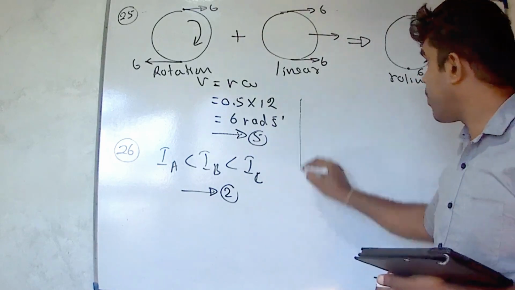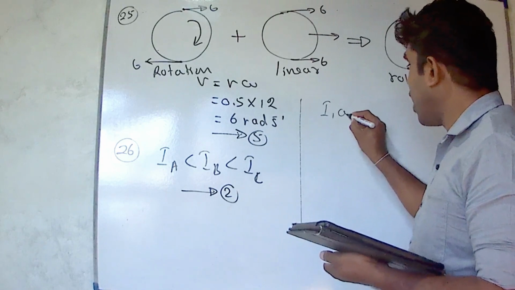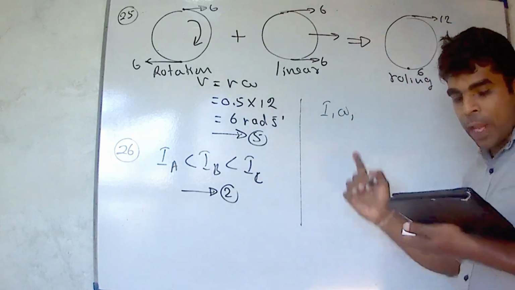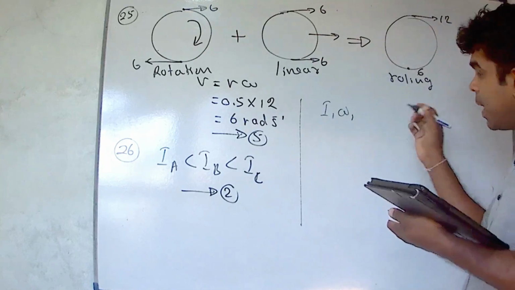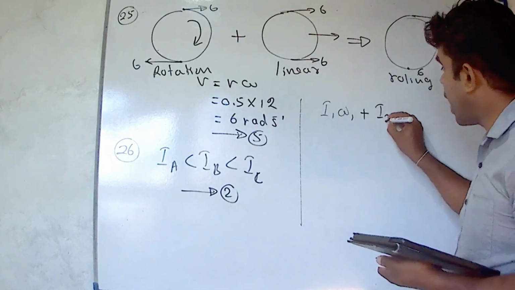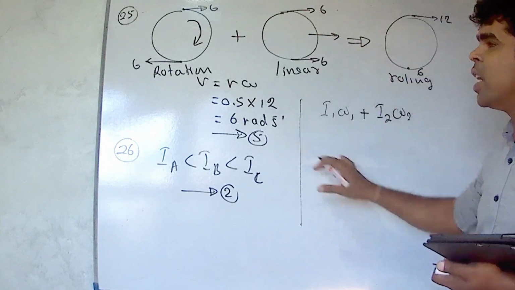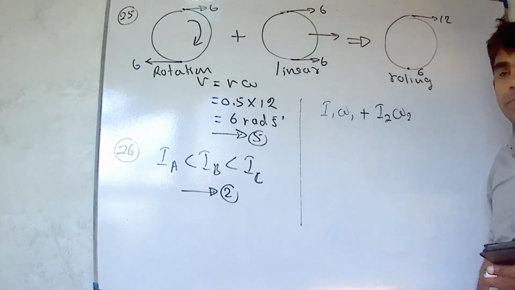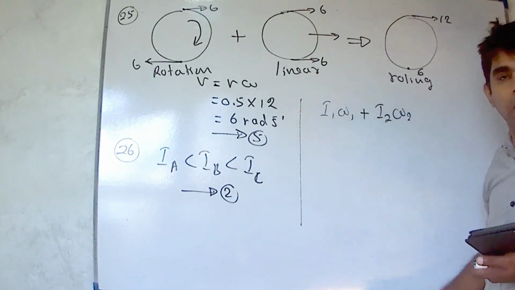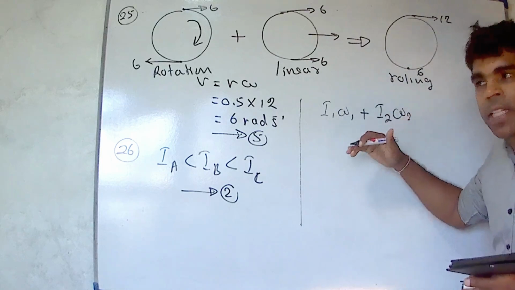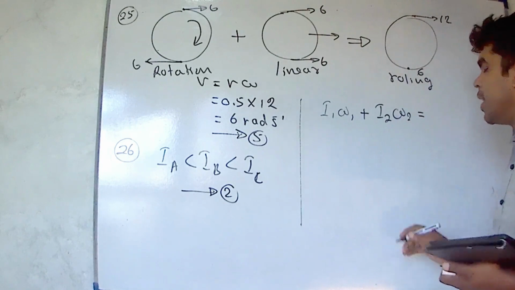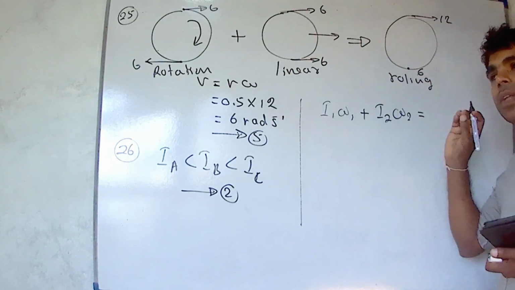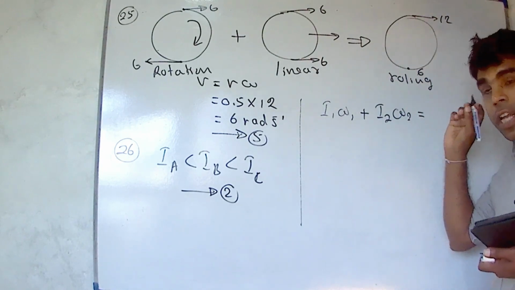Then we can use I1 omega 1, which is the angular momentum of A. There is an angular momentum for B in the same direction, therefore we have I2 omega 2. This is the total initial angular momentum, meaning total angular momentum before the collision. After the collision, both objects act as a single object.